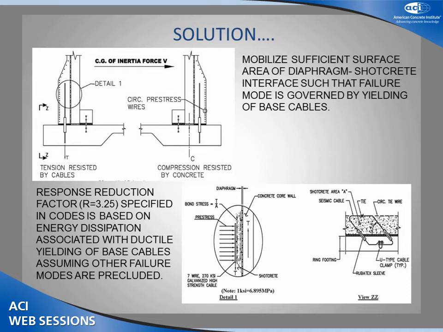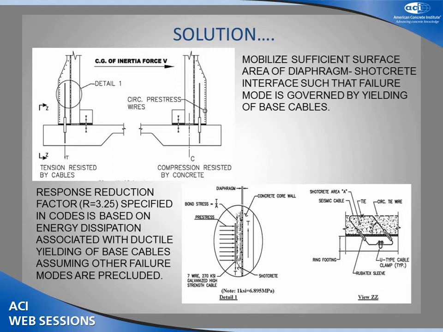And this area is what I call the development surface. So long as you mobilize sufficient strength of this shotcrete diaphragm interface and ensure that the strength over this area is more than the yield of the base cable, you are going to ensure that the failure mode is governed by yielding of the base cable.